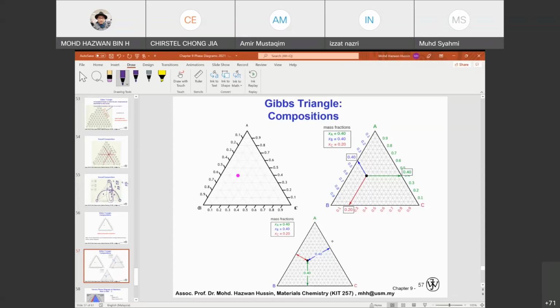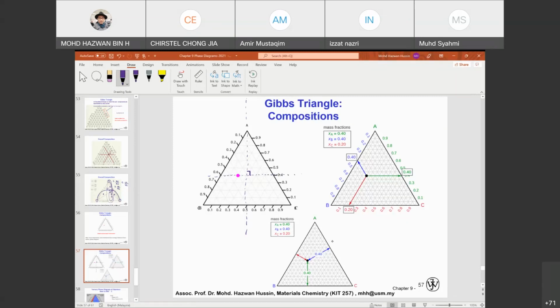All right, so for A first. We see A is located on top, isn't it? So what you are going to do is first make a vertical line like this. And then the point is located here. So you draw a line that is perpendicular to the vertical line that you drew just now, and this should be 90 degrees.